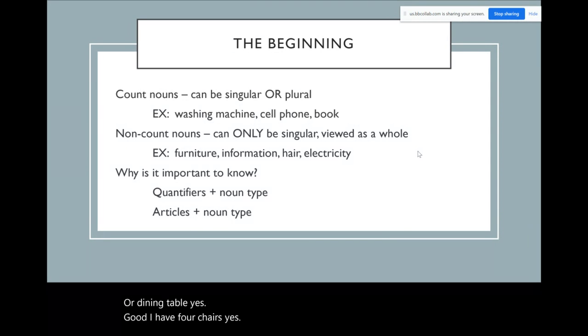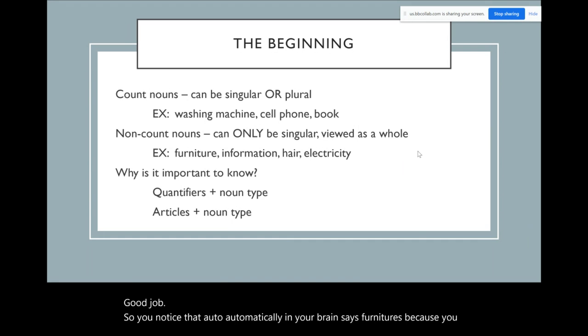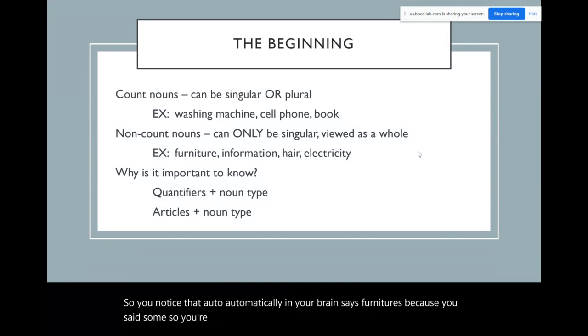Okay. Good job. So you notice that automatically your brain says furnitures because you said some, so you're thinking, oh, more than one. So that's what's tricky about non-count nouns. We can use quantifiers like a lot, but we still keep this singular.